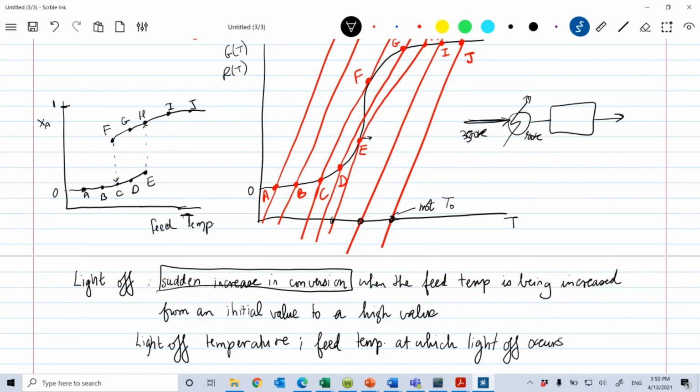This is just the x-intercept. If you look at your equation, you could figure out what the intercept is, but it doesn't matter. This is not T naught. This, however, here is your reactor temperature, right? T naught is part of it, but that's not it.